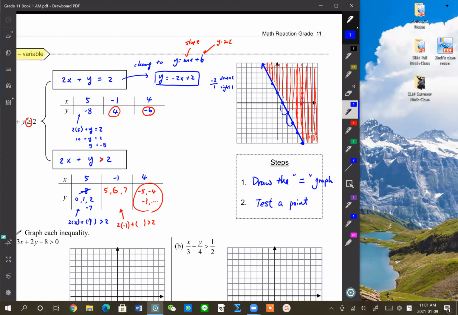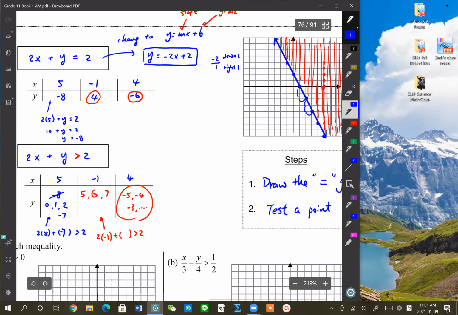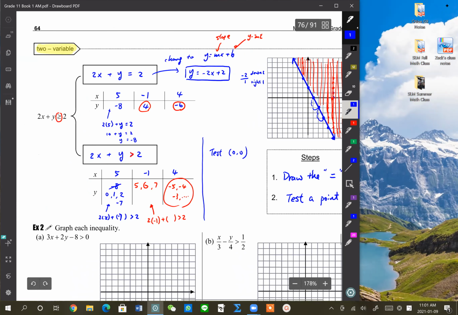So let's say I pick 0, 0. Suppose I want to test 0, 0. To do the test, I just plug the point into the original question on the left side. So I plug the 0 into x, plug the 0 into y, and calculate, to see if it's greater or equal to 2. 2 times 0 is 0, plus 0, and 0 plus 0 is 0.